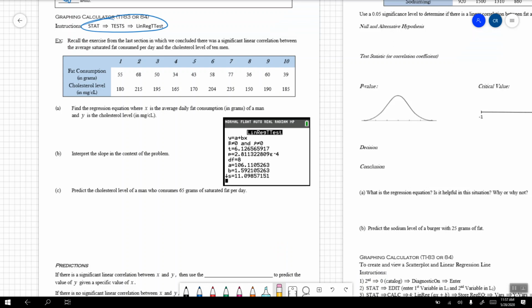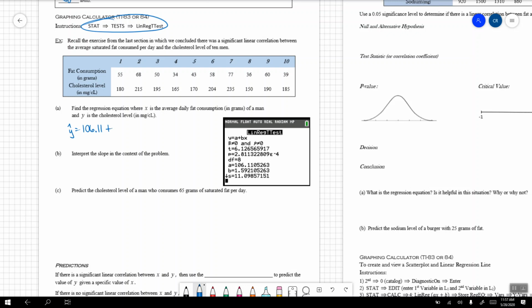Now, this is actually giving me my linear equation, so I'm going to grab this linear equation. For y hat, I'll go with my y-intercept first, and that's my a value. My a value here is 106.11.